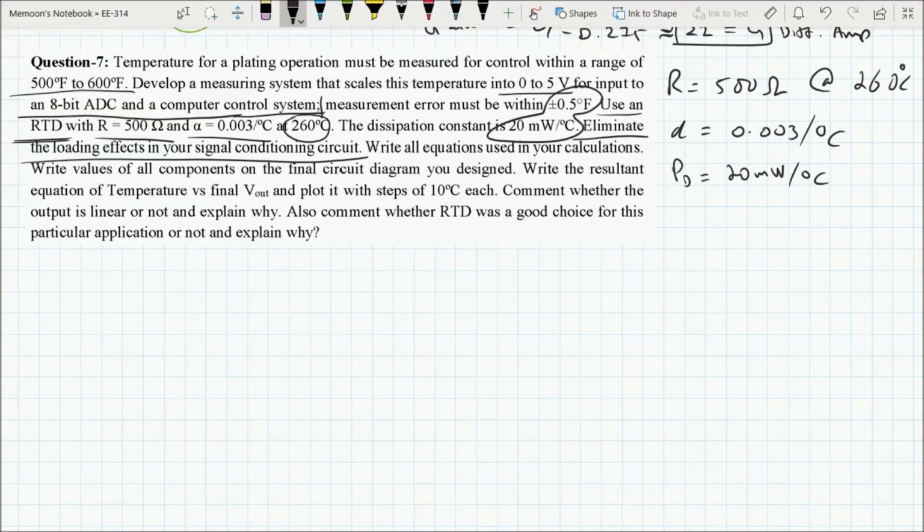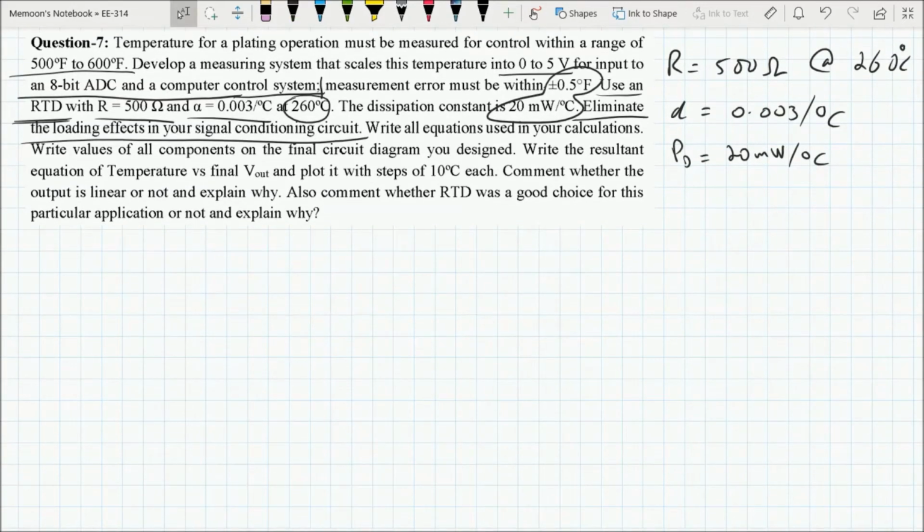So it is usually 20 milliwatt per degree Celsius for RTDs, and it is usually 5 milliwatt per degree Celsius for thermistors. These are the nominal values that are usually used for these different types of resistive sensors. But one is a semiconductive resistive sensor and the other one is a metallic resistive sensor.